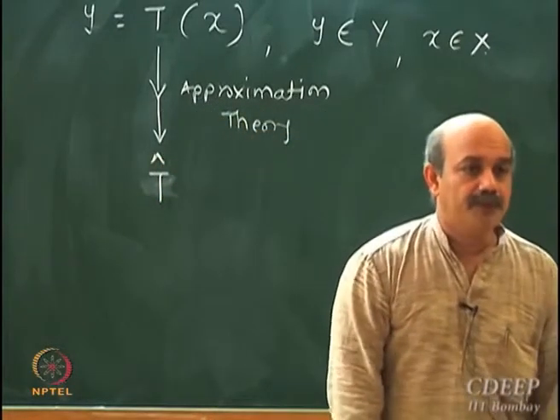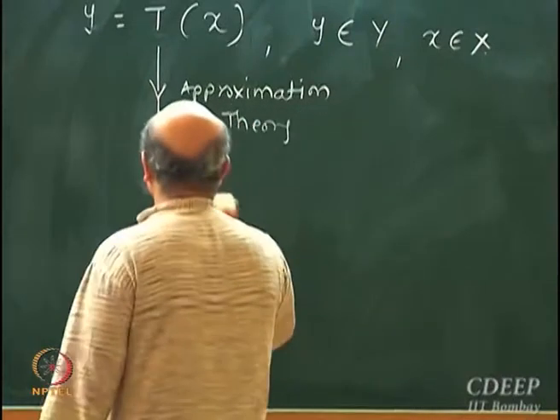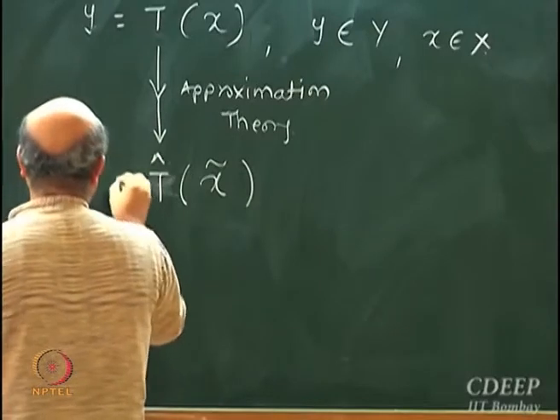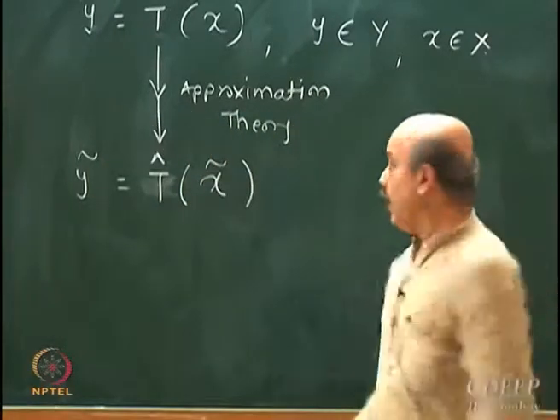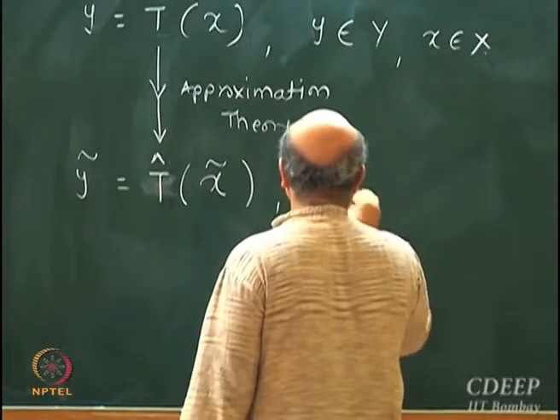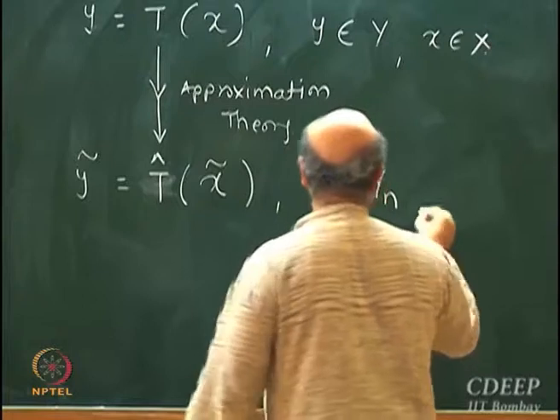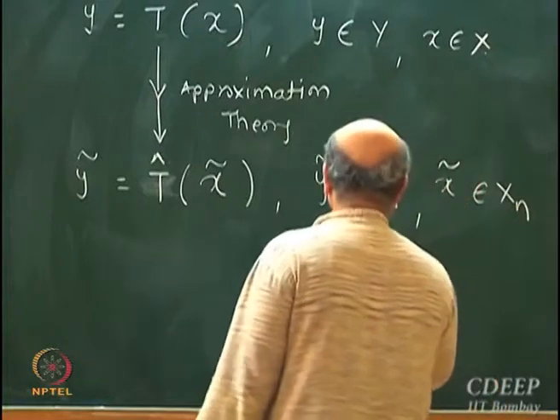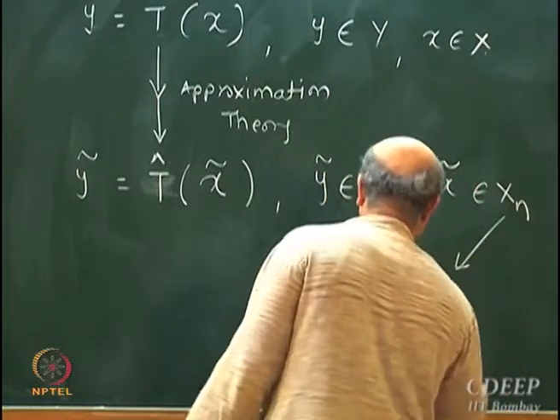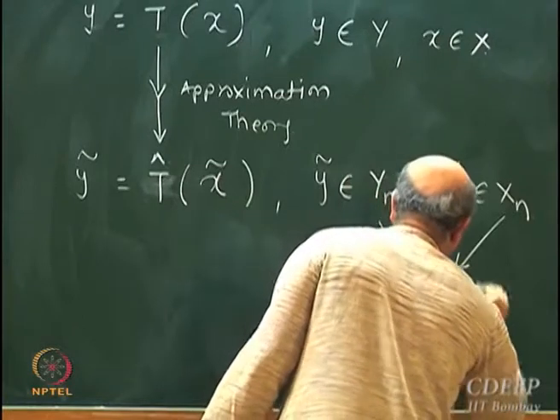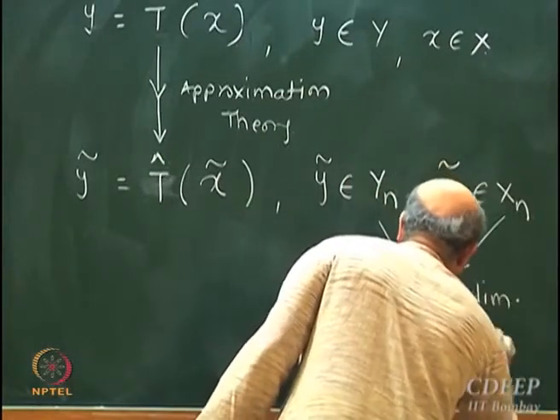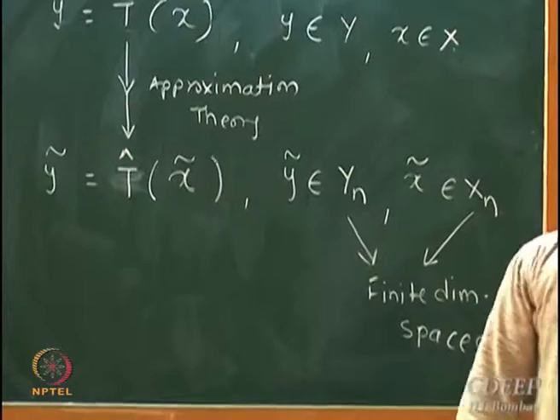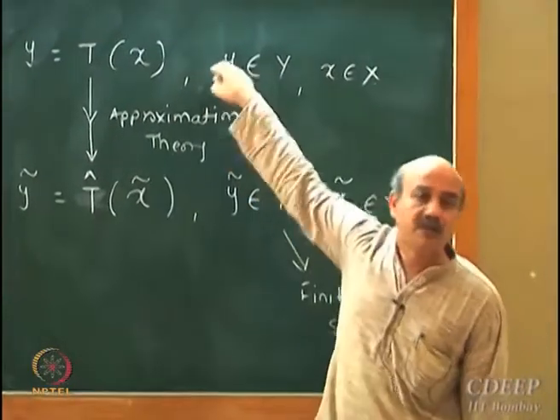I get a T cap which actually works on x tilde and gives me y tilde. Here y tilde belongs to Y_n and x tilde belongs to X_n. Typically these are finite dimensional spaces, and then we end up solving this problem, not the original problem.